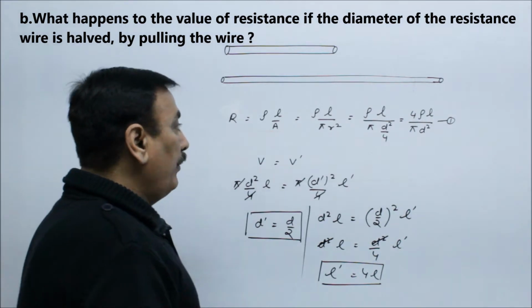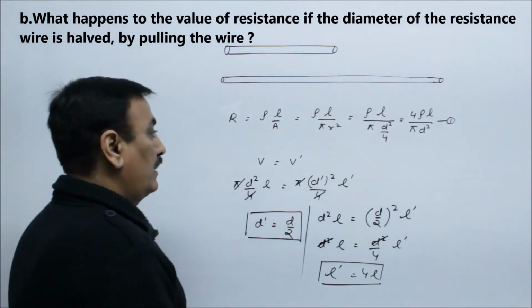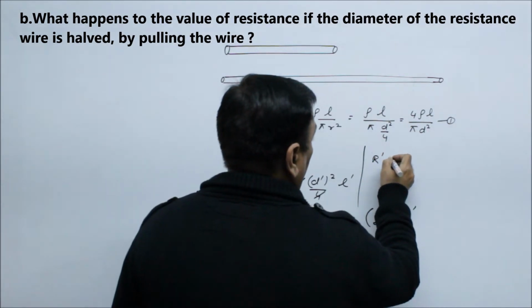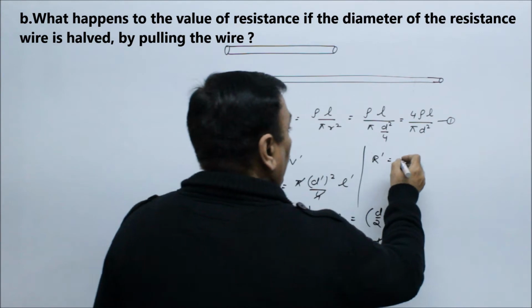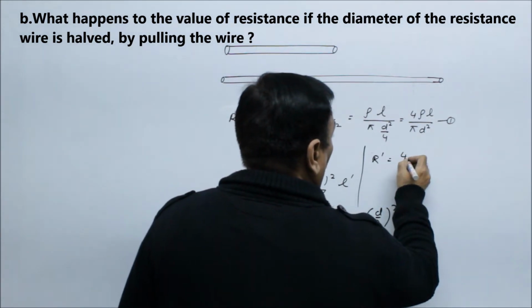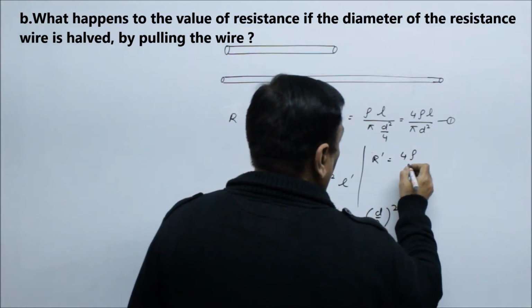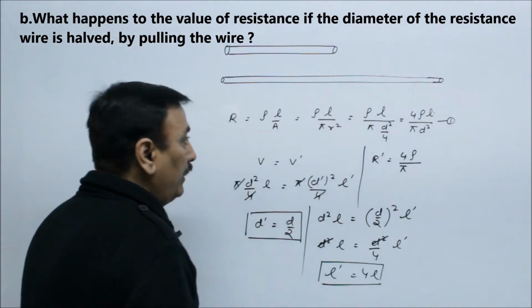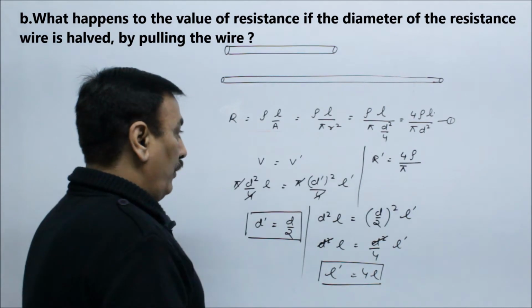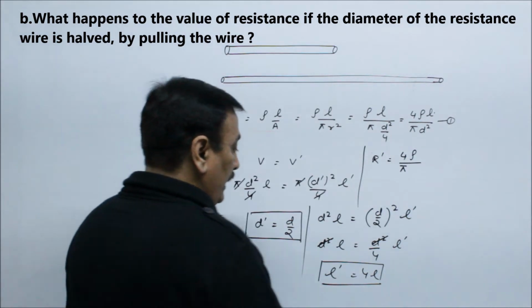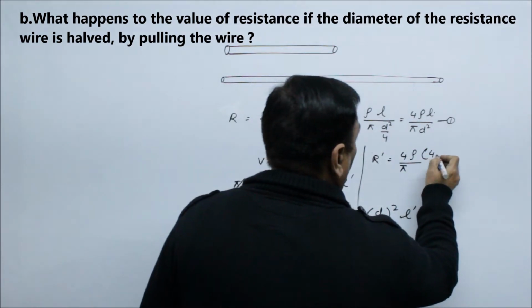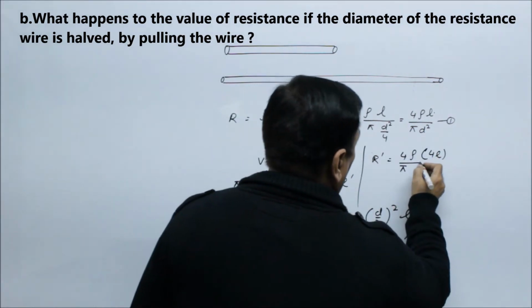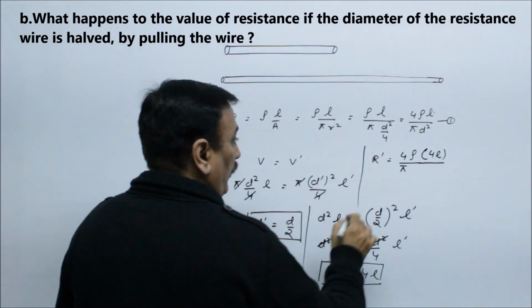Alright, so now coming to the new value of resistance. We work it out here. The new value of resistance R dash can be written as 4, the material remains the same, so rho, and pi. And we want L dash now. L dash is 4 times L, and D dash is D upon 2.